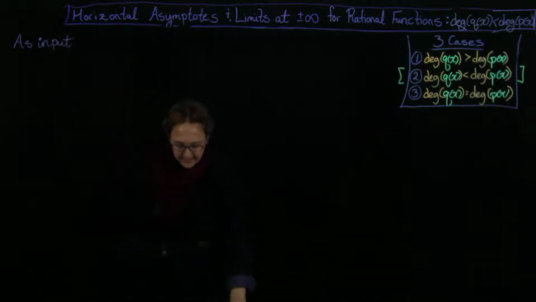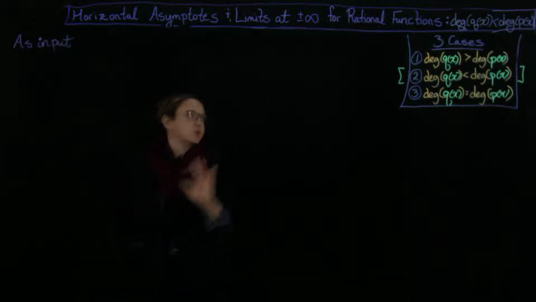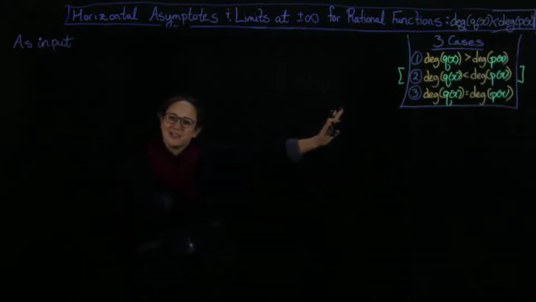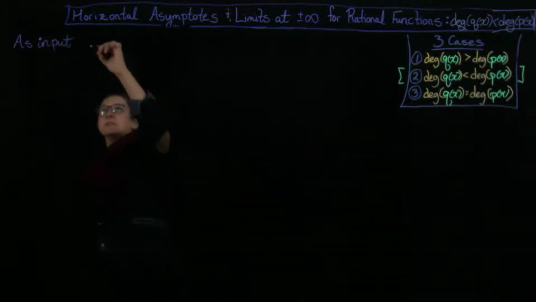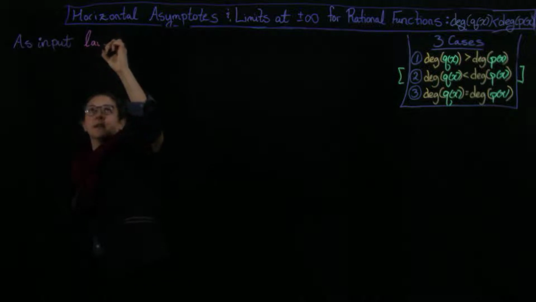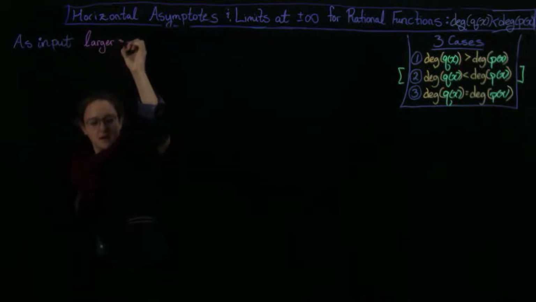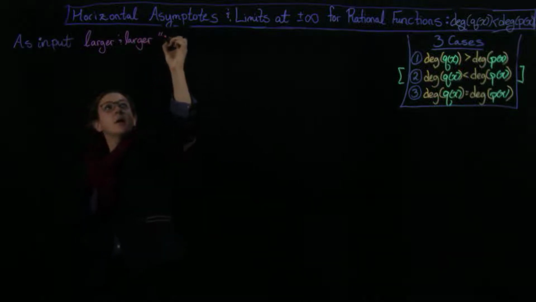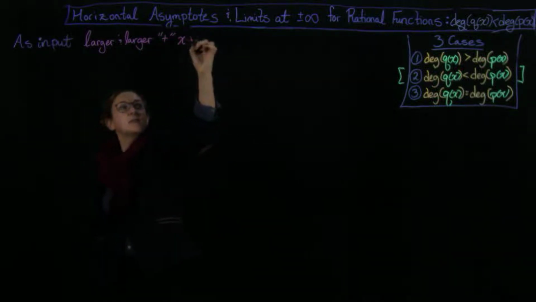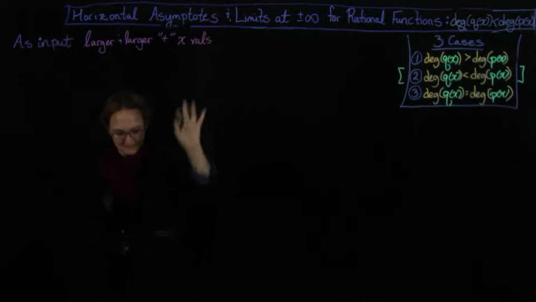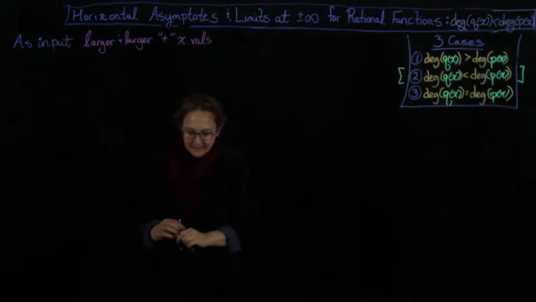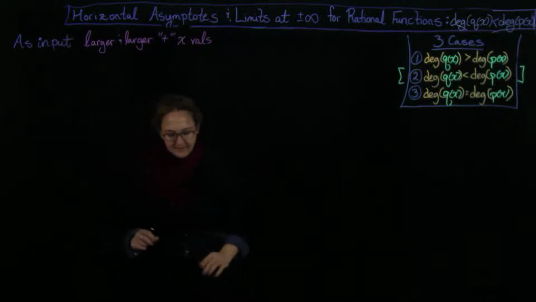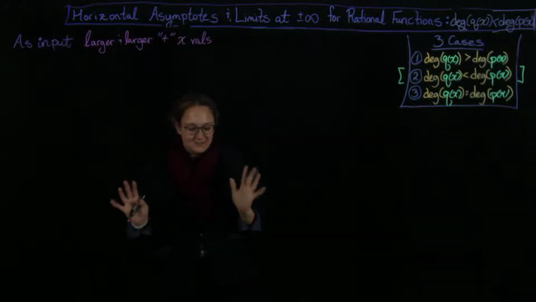we're using the convention, we're dropping that orange stands for degree. If we're looking at larger and larger positive x values, this is the limit as x goes to infinity.